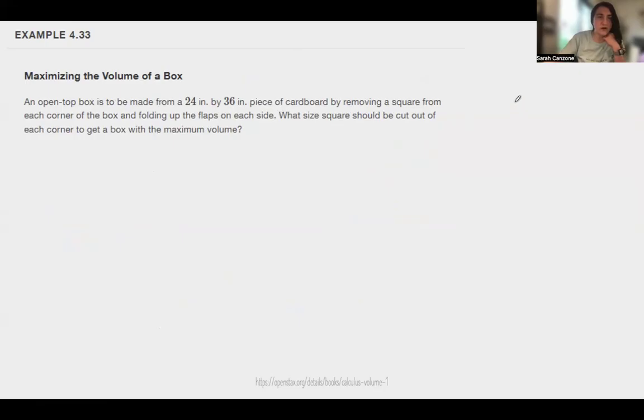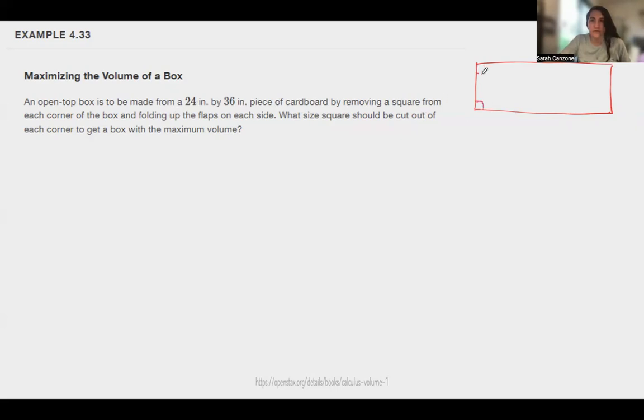So we have an open top box, and we know that we're going to start with a piece of cardboard. We assume the cardboard will be a rectangle because that's just how boxes are made. We don't know if the box is a square box. We know boxes aren't trapezoidal, so we're going to assume it's a rectangle. And it says we cut out a square from each corner.